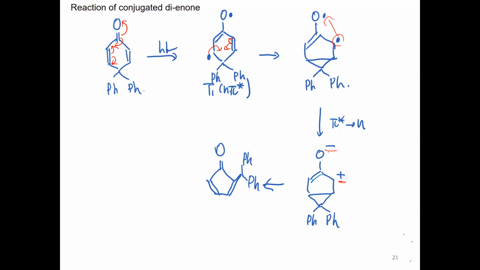Then this is going to give this one, and then this is cut off for some reason, not sure, and then finally you could obtain this kind of funny-shaped molecule. So this is a reaction of the conjugated dienone type.